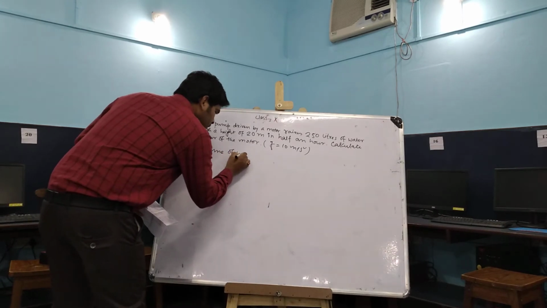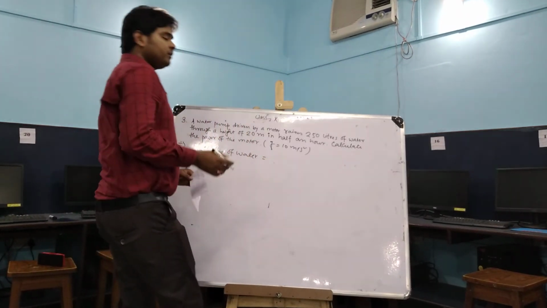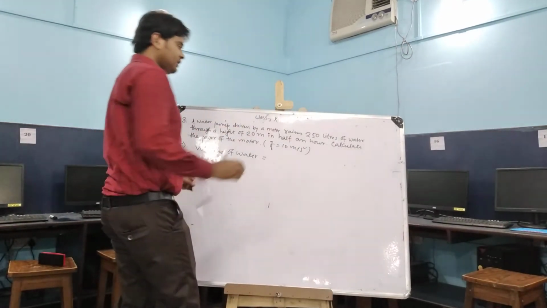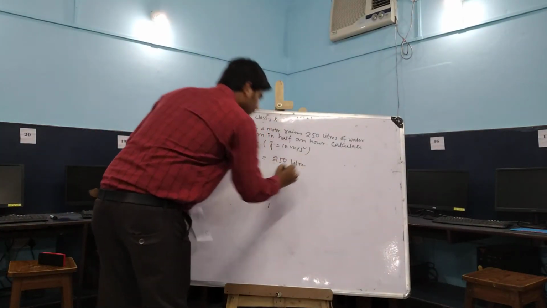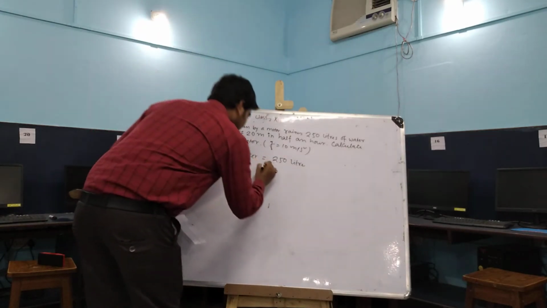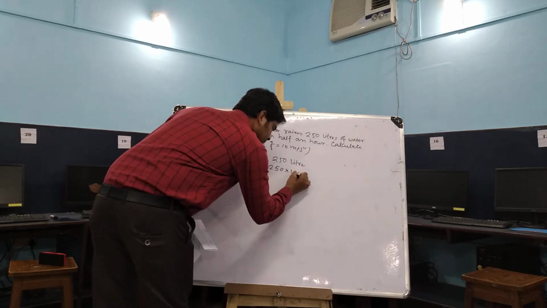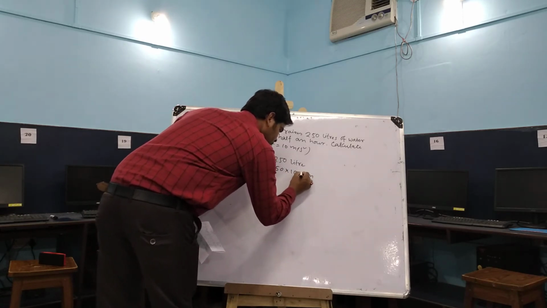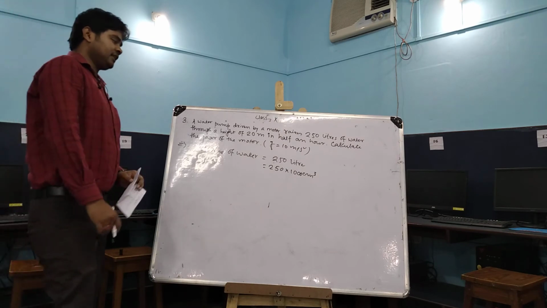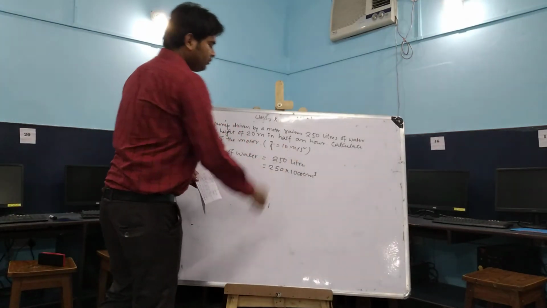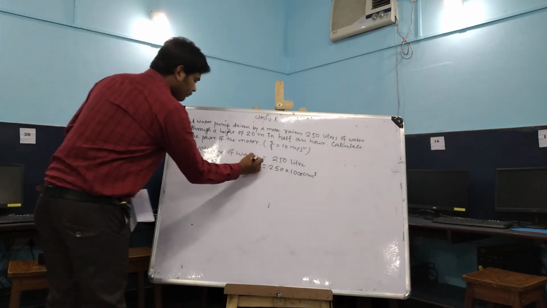The volume of water to be raised to a height of 20 meters is 250 liter. Now I am converting it into centimeter cube: 1 liter is 1000 centimeter cube. This is the volume.